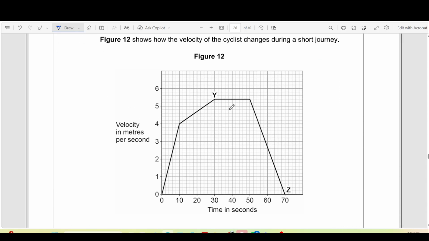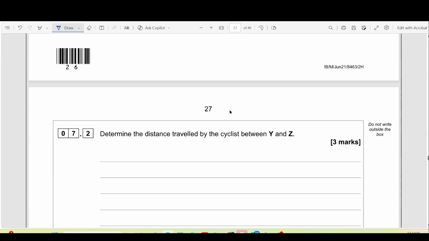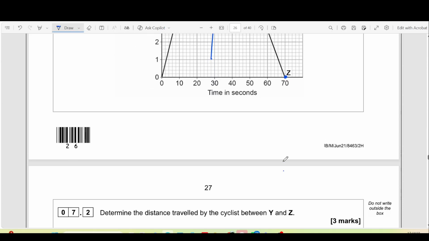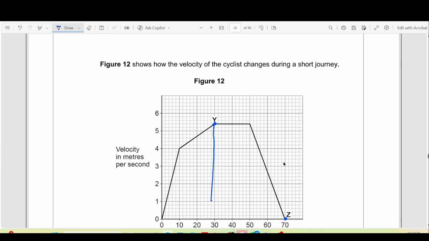Figure 12 shows the velocity of the cyclist changing in a short journey. Determine the distance traveled by the cyclist between Y and Z. So from Y to Z, you have to calculate the distance.